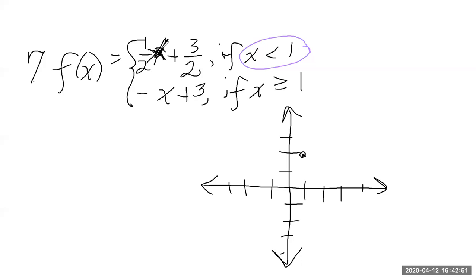And it would be an open circle. Because there's no equal sign there. And then we want all of the x's that are less than 1.